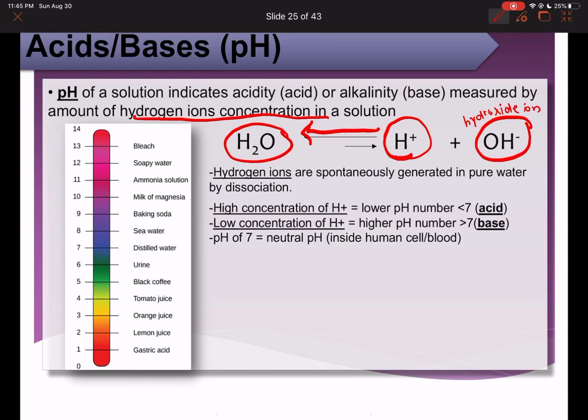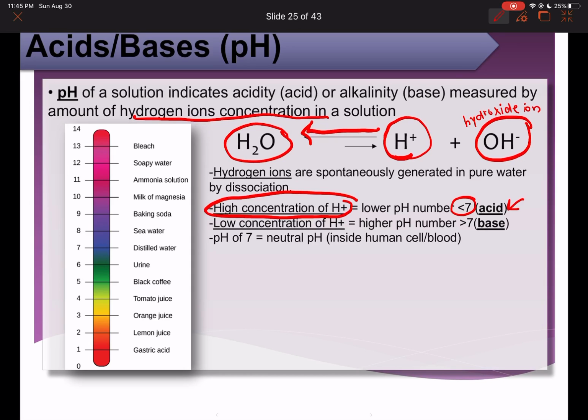But if more hydrogen ions were added to water, let's say we add vinegar or hydrochloric acid to water, then the amount of hydrogen ions will increase in the solution, and the pH value, the numeric value, will be a lower number, less than 7 specifically, and that indicates the solution is acidic.